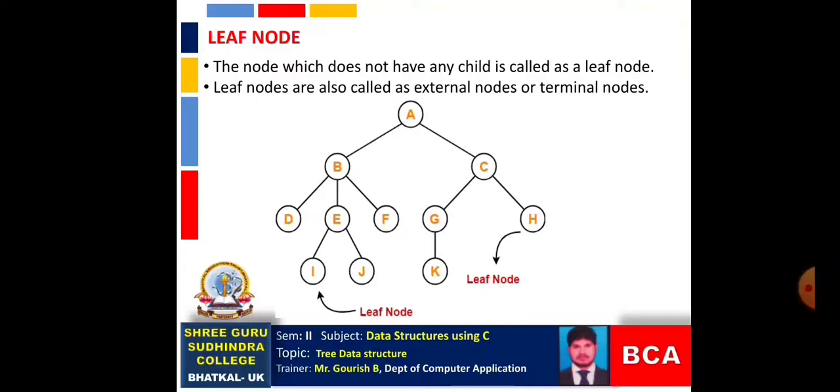See here, D, I, J, F, K, H. These are all the leaf nodes of this tree because these nodes do not have any child. Leaf node means a node which does not have any child.